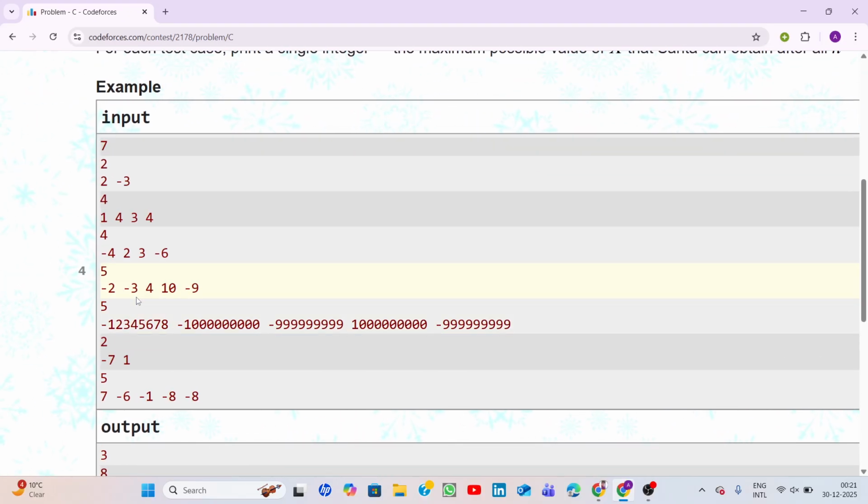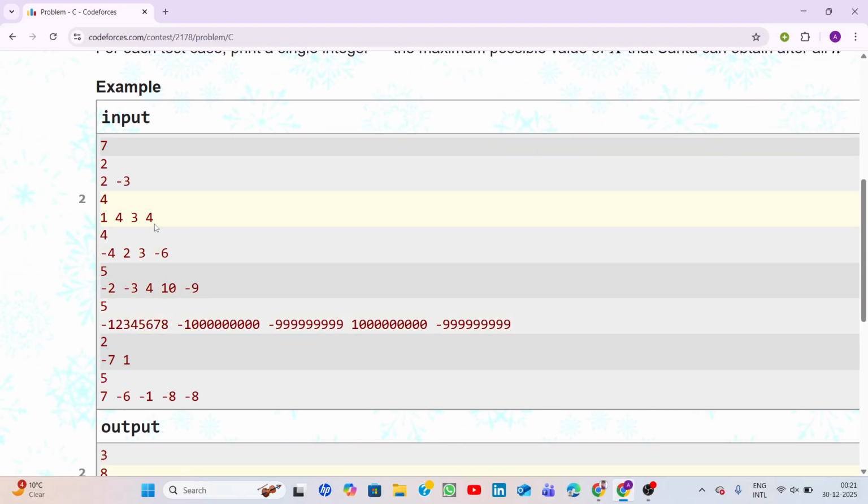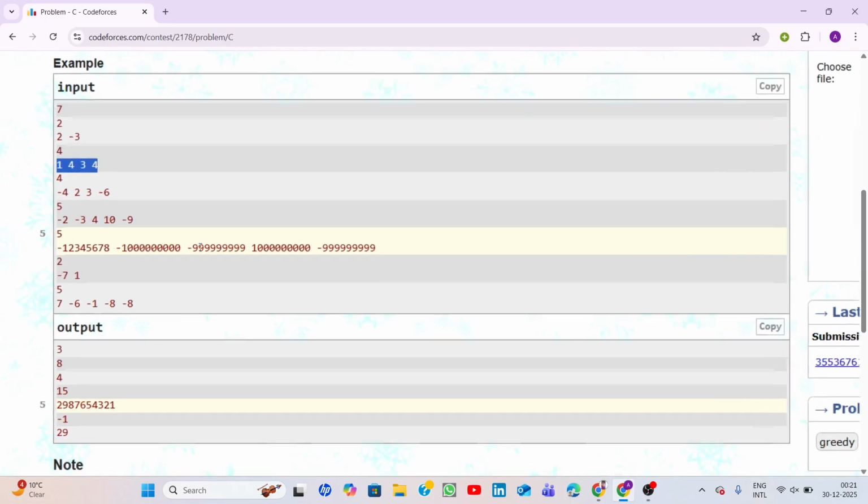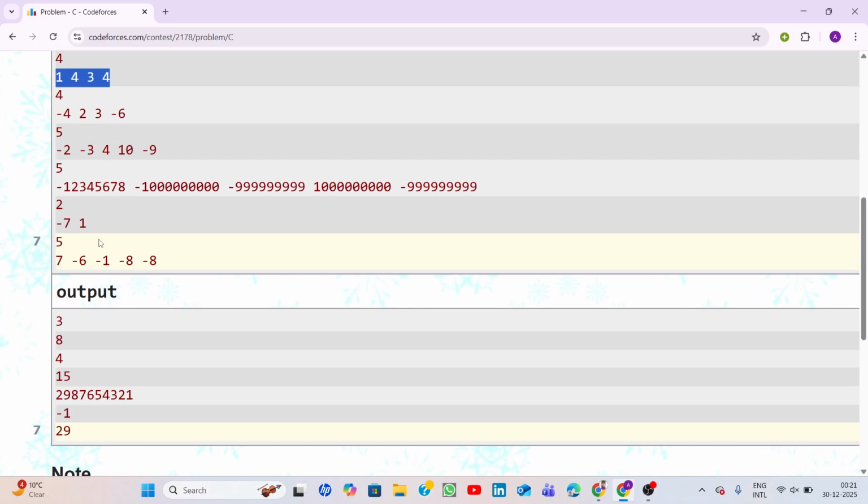Suppose both the first and last elements are positive, so definitely at last a positive number will stand in the array. So the last positive element will only stand in the array. So we will just take the complete summation of the array and remove the last element from the sum, basically. So we could get our answer. Okay.